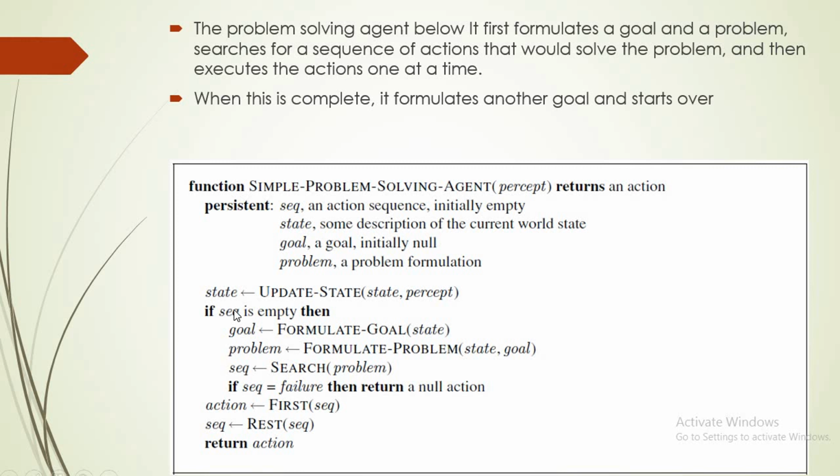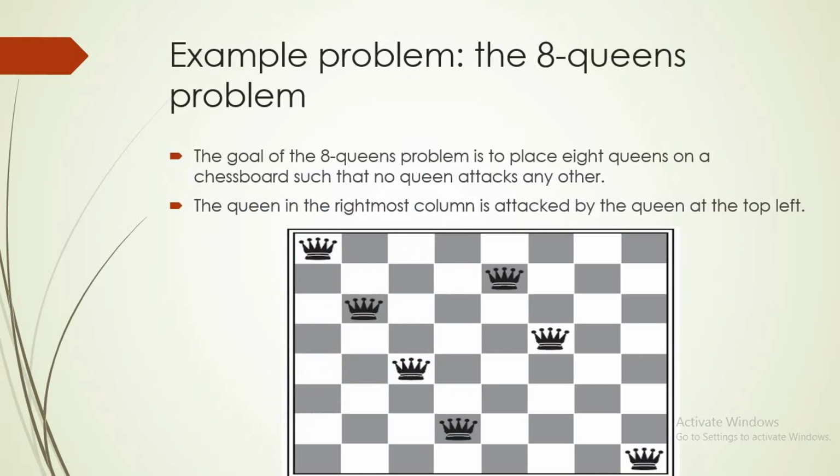And these functions, like the update state function, formulate goal, formulate problem, and search, you will understand them as you go deeper in the course, and the implementation of the functions will differ according to the language being used to implement.